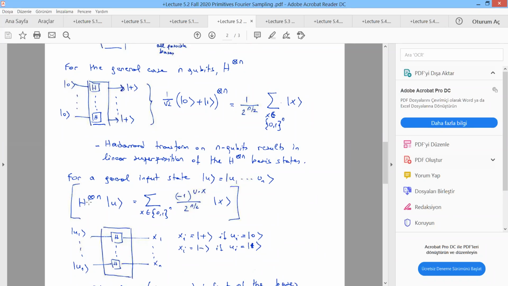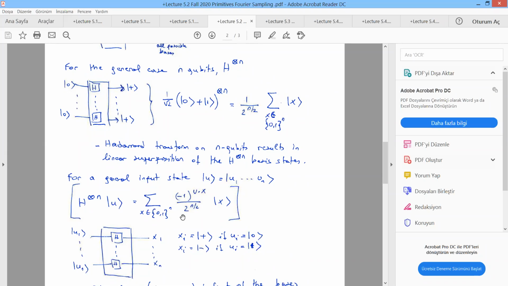In other words, if we apply on |u>, a generic input state, the Hadamard gate tensored n times, one Hadamard for each one of the qubits, you would obtain, in general, again a linear superposition of all the |x>, all the possible basis states with strings of zeros and ones.